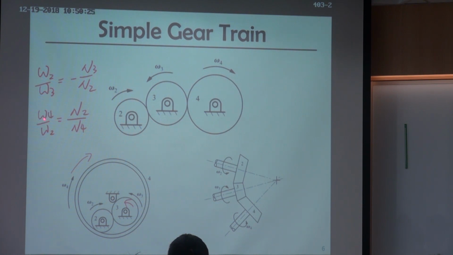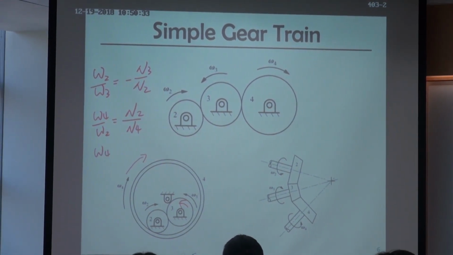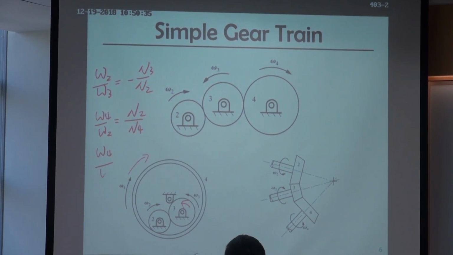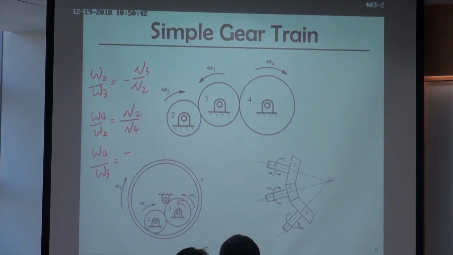And to find omega 4 over omega 3, you just multiply these two together. So you will get omega 4 over omega 3 is minus N4 over N3.